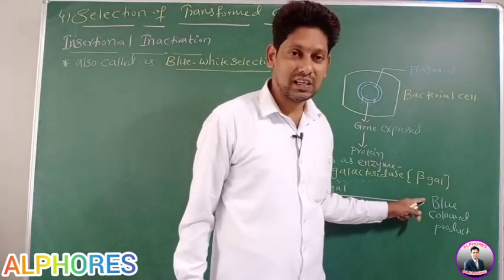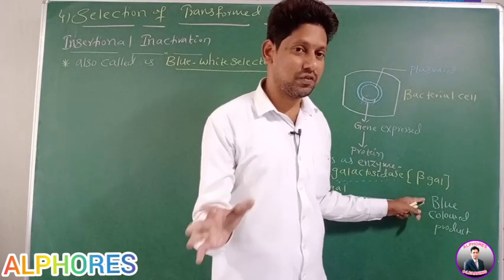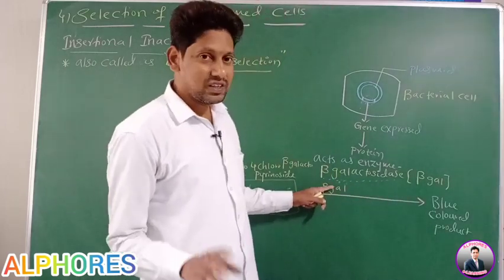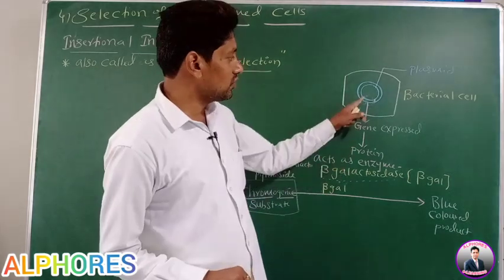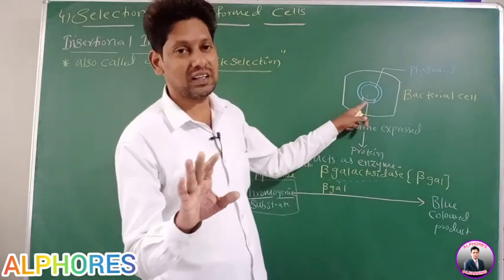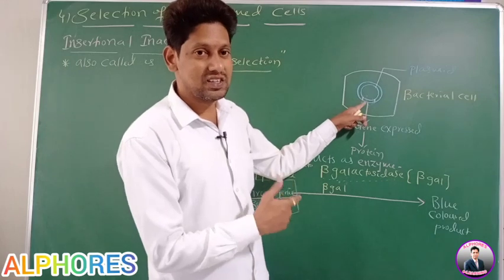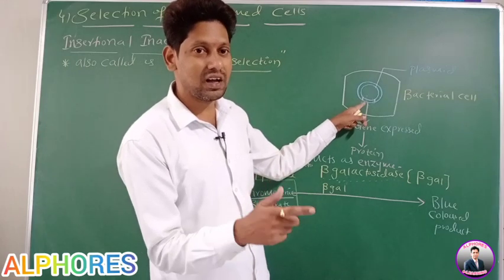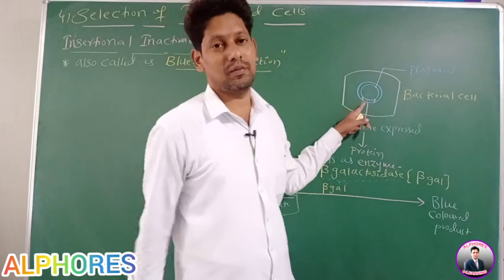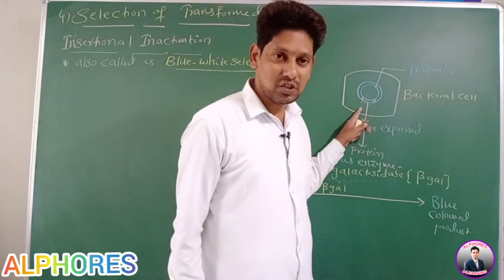So if blue colored product is formed, enzyme is present. Enzyme is present means this enzyme producing gene is present. It is not inactivated. Not inactivated means the desired gene is not there. Desired gene is not there means is it recombinant or non-recombinant? It is non-recombinant. Is this statement okay?